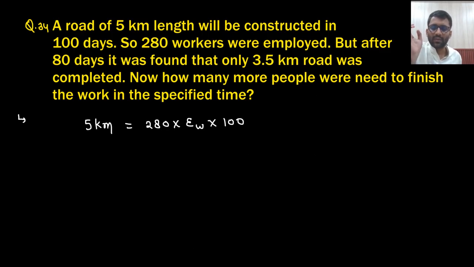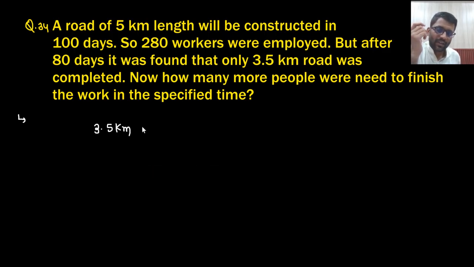Let's see if this is the work or not. I don't think this is the work. So 280 workers were employed, but after 80 days it was found that only 3.5 kilometer road was completed. So 3.5 kilometer road was completed if 280 workers worked with their full efficiency for 80 days.